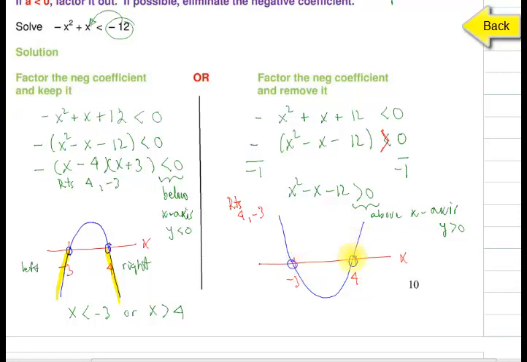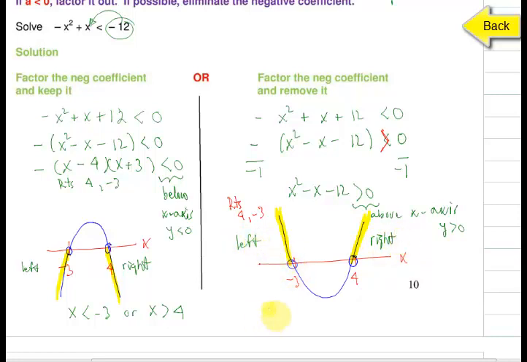The region that we're looking at is everything above the x-axis where y is equal to 0. And notice that we have two regions again. Okay, we want everything to the left of -3 and everything to the right of 4.